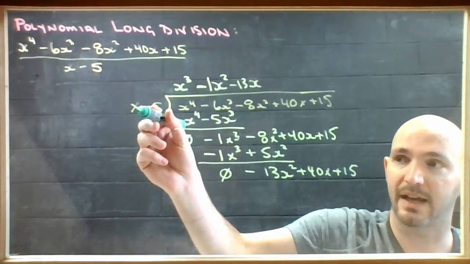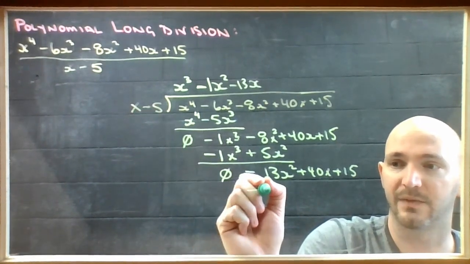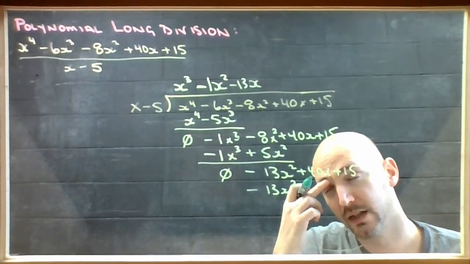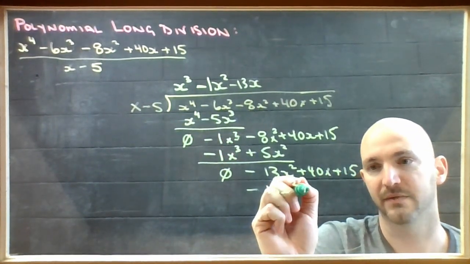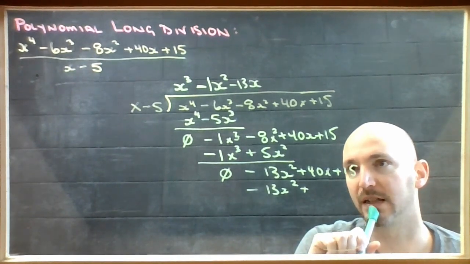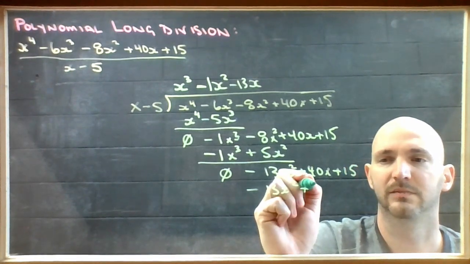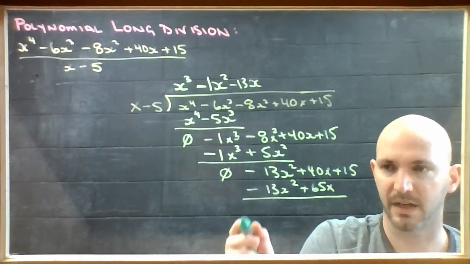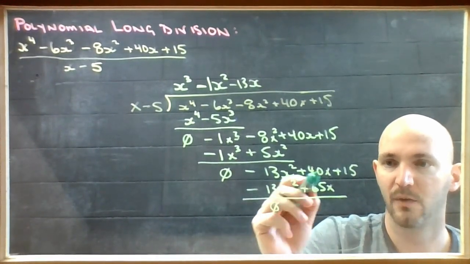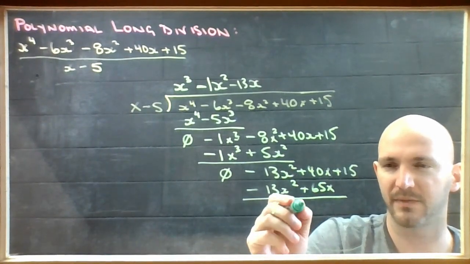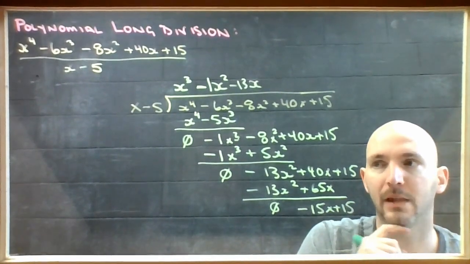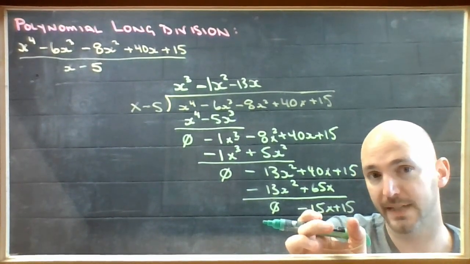So -13x times x would be -13x squared, and -13x times -5, negative times a negative is a positive, and 5 times 13 is 65. Take those out of the pile. This minus this is gone. 40 of these minus 65 of those is negative 15 of these. And I've whittled it all the way down to a linear term.